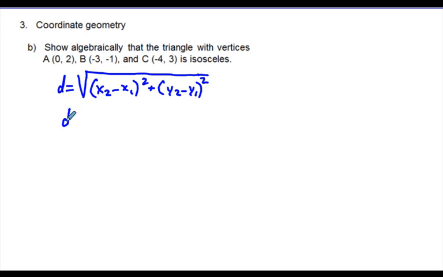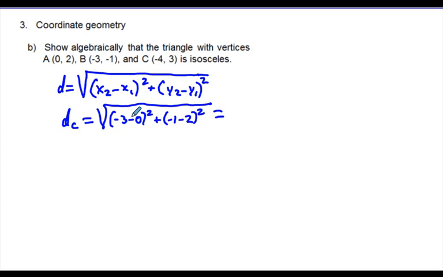So D of C is going to be equal to, we're going to take these points A and B. So we're going to say (-3 minus 0) squared plus (-1 minus 2) squared.